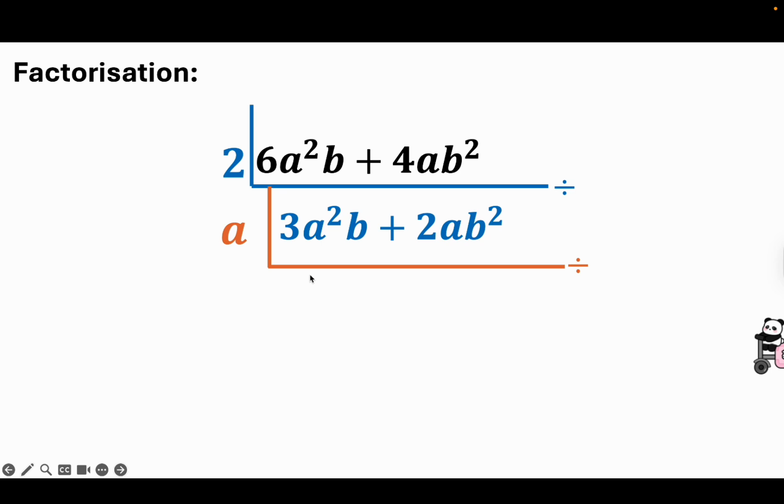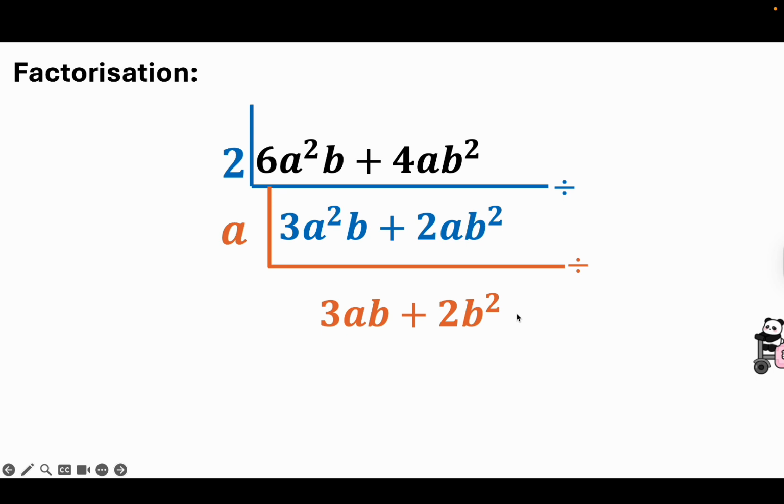If you do 3a squared b divided by a, you get 3ab. And if you do 2ab squared divided by a, you get 2b squared. You should know this well from yesterday's learning. Then you put the answers down below the bar: 3ab and 2b squared.